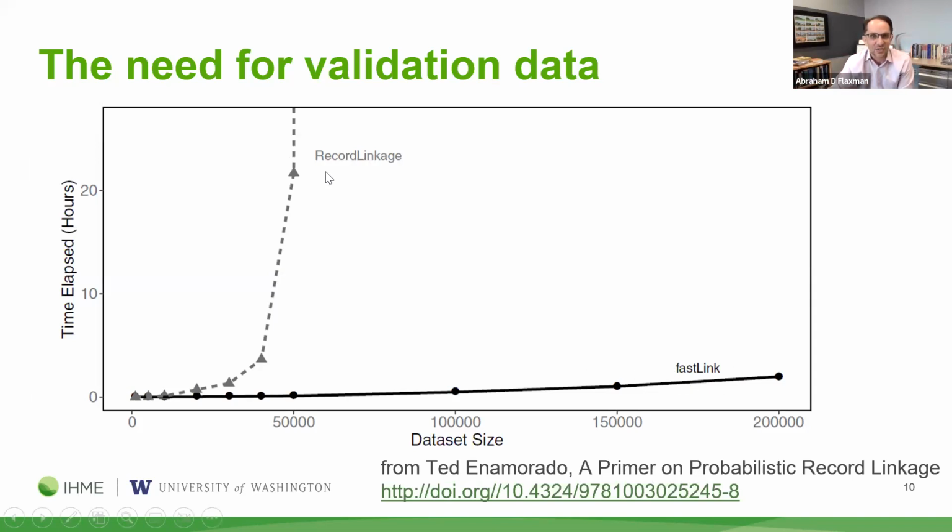He's compared it to a previously existing R package called RecordLinkage and shown that in terms of the time it takes to do this linkage, his is awesome. fastLink is taking just a few hours to link 200,000 records, while RecordLinkage is off the charts in hours, even for 50,000 records.